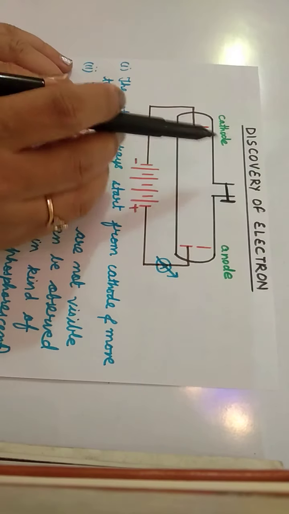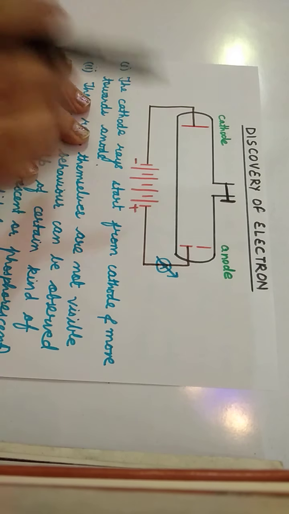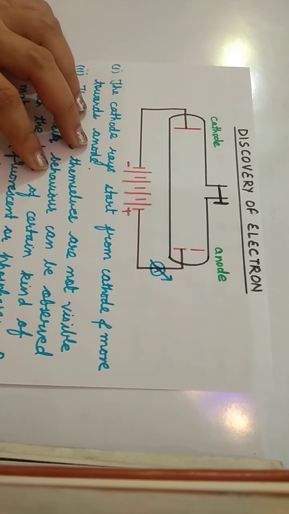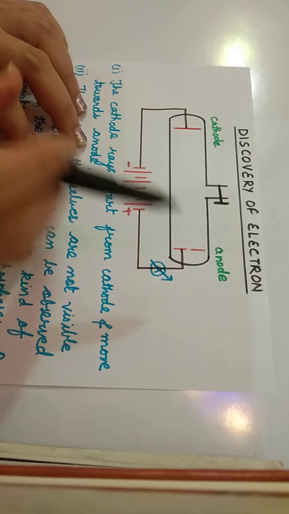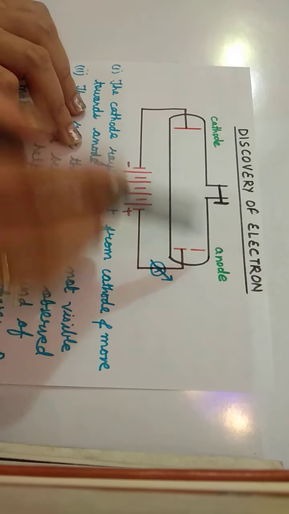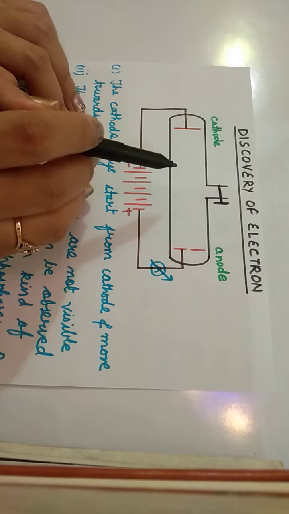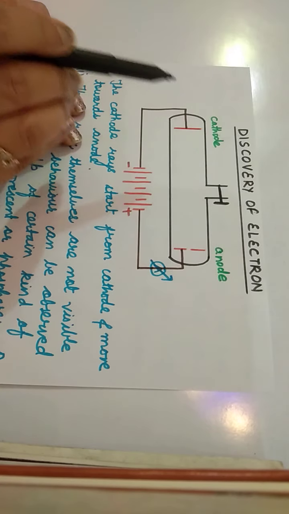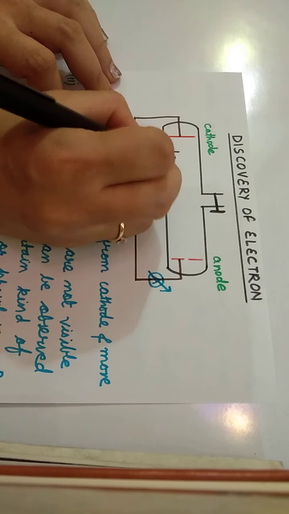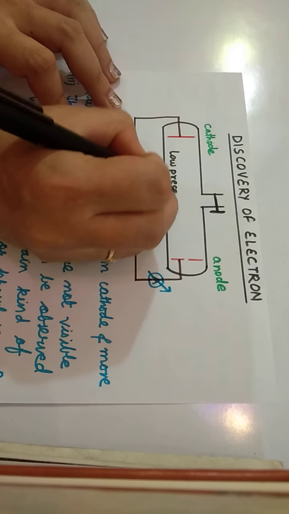William Crookes in 1879 studied the conduction of electricity through gases. What he did, he took a discharge tube, and that discharge tube was having gases under low pressure.